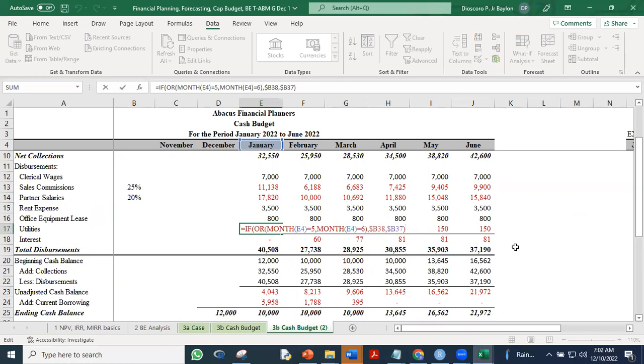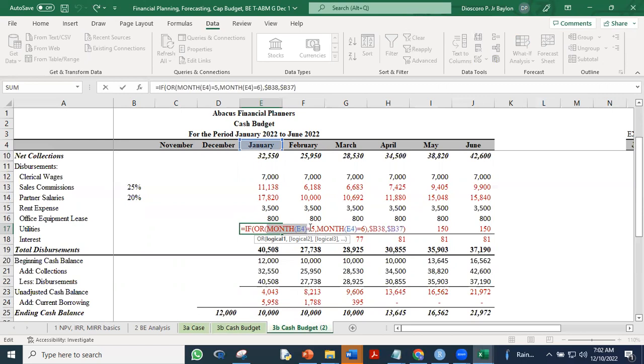And then take a look at this. So I'm saying here, if month is equal to 4. The month function of January will give us the ordinal position of the month. If it's in January, it's the first month.